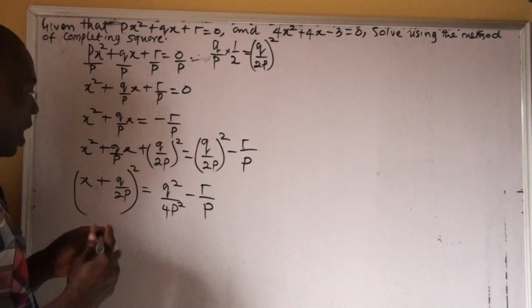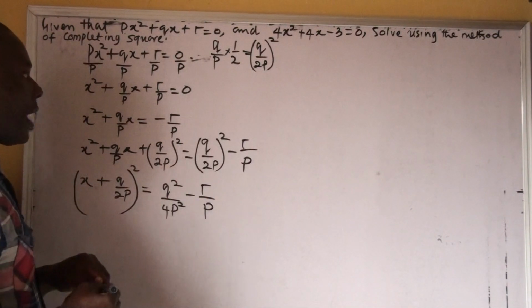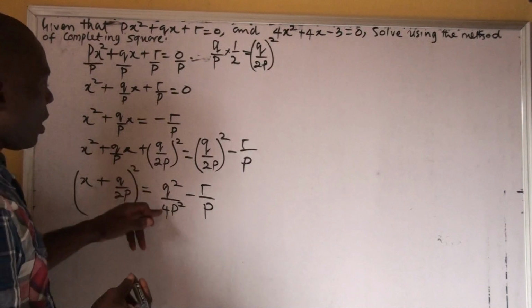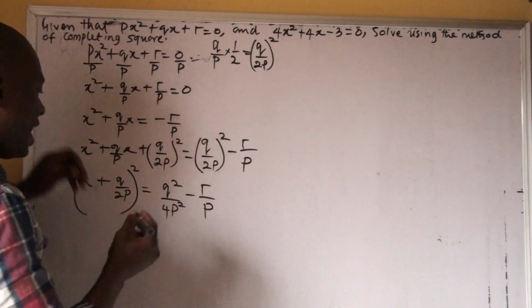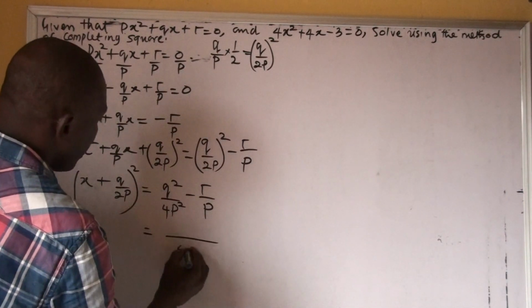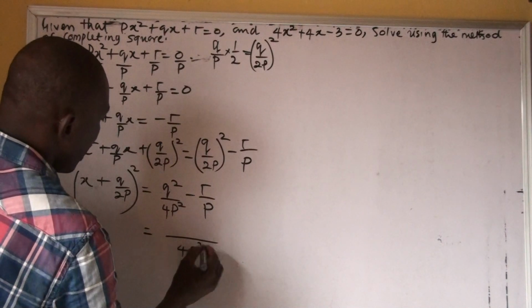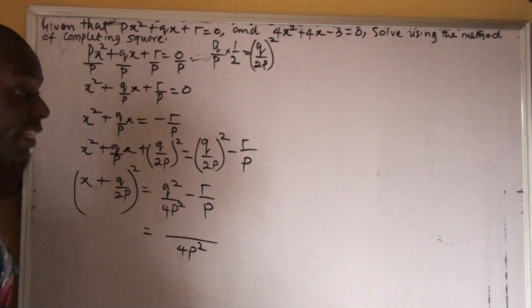Then the next step is we look at this fraction, and what we need to do is look for the LCM of this fraction. The LCM of 4p squared and p is 4p squared. So 4p squared divided by 4p squared is 1.